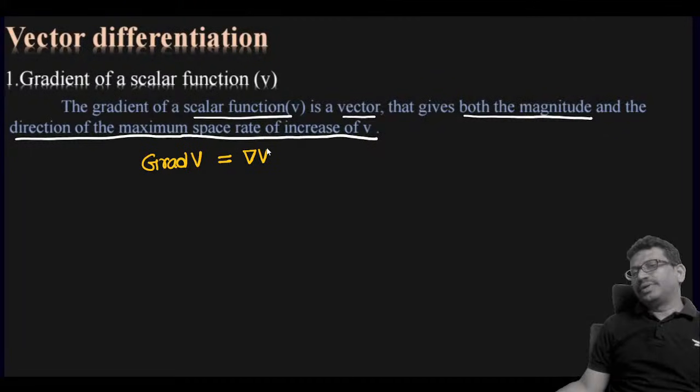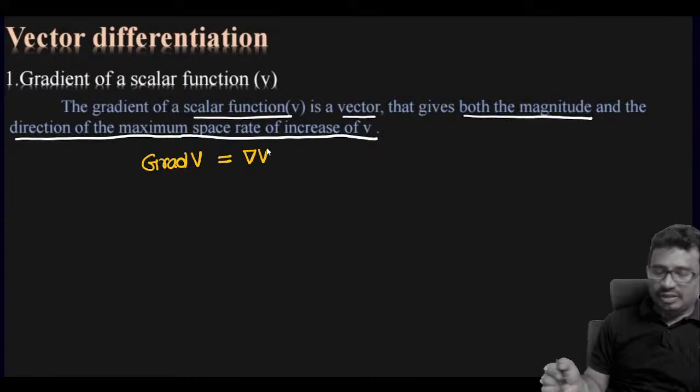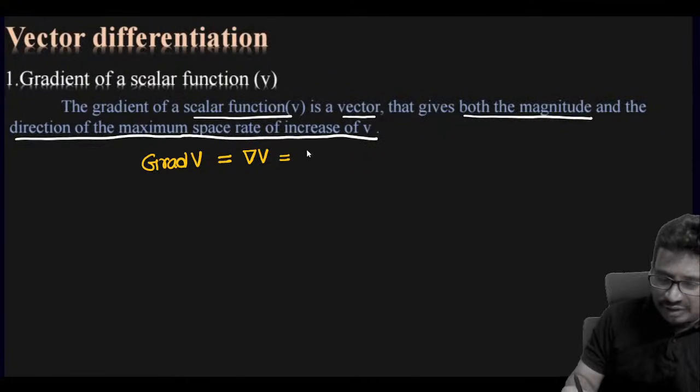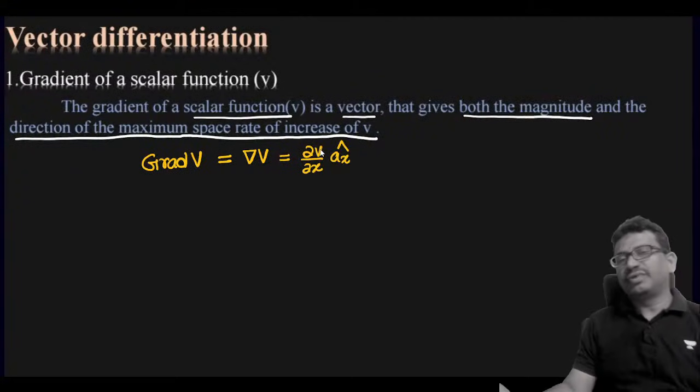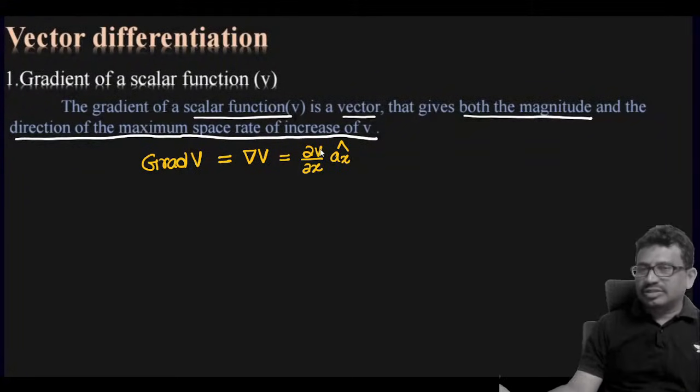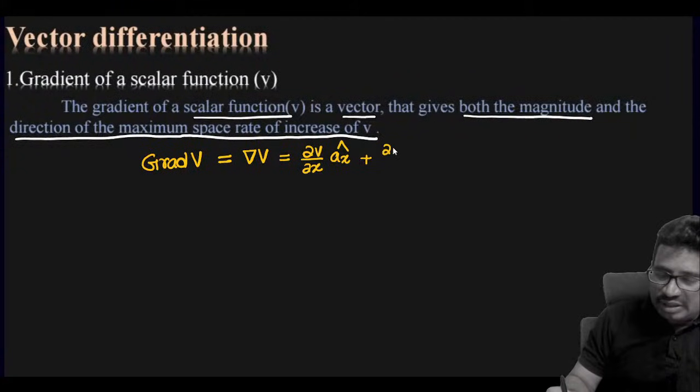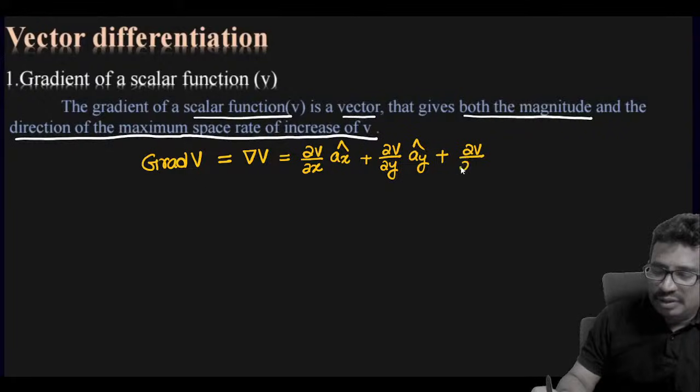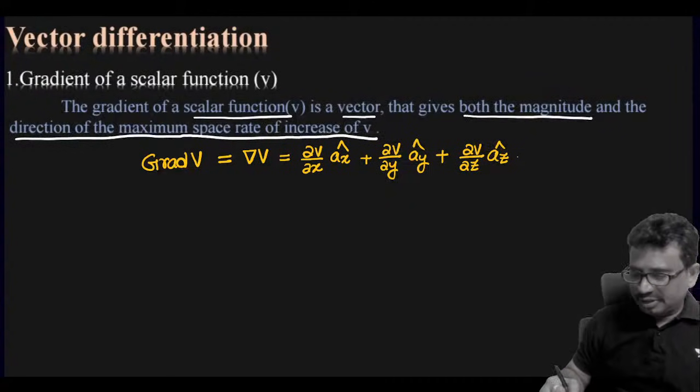It gives both magnitude and direction of the maximum space rate of increase of V, and that is dou V by dou X, the variation of V with X, along the X direction, so that's why a_x cap. Then the variation of V with respect to Y along the Y direction, and the variation of V with respect to Z along the Z direction.